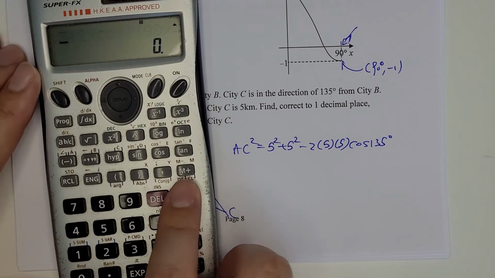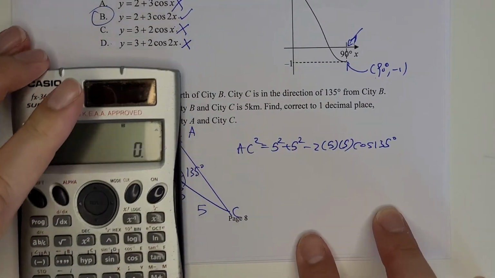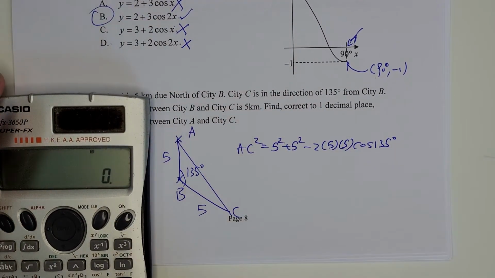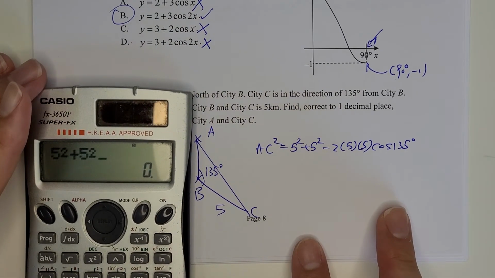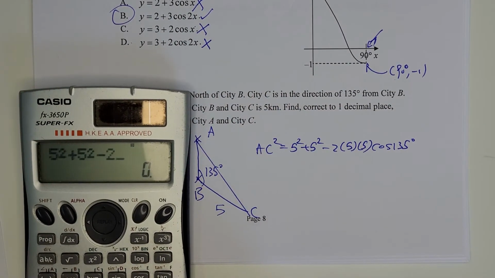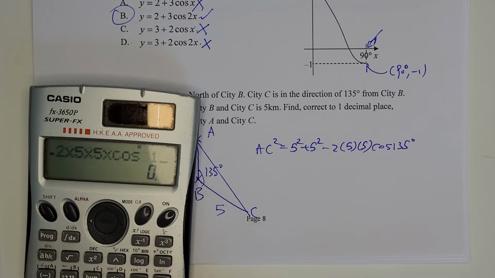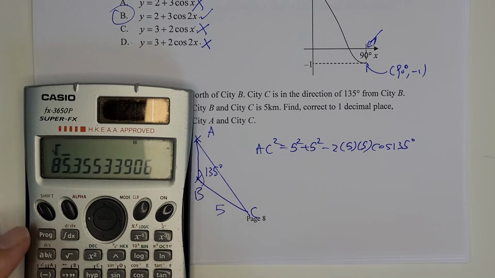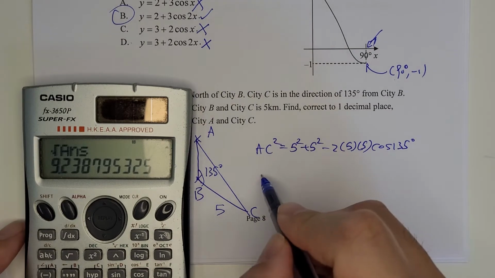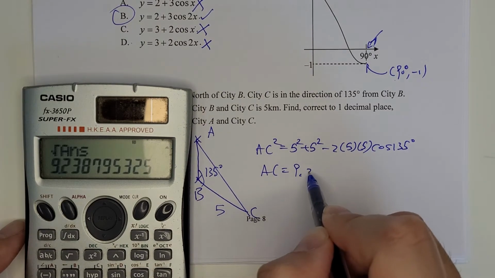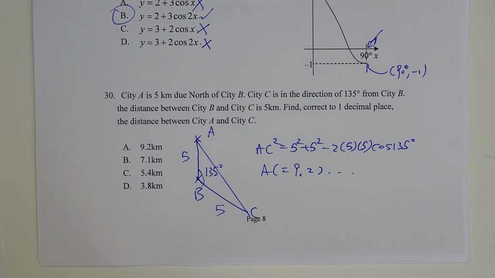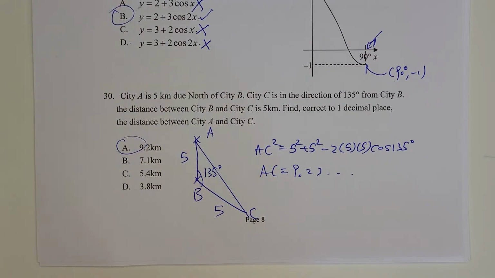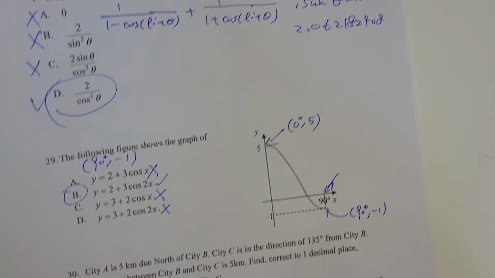So plug in 5 squared plus 5 squared minus 2 times 5 times 5 times cosine 135 degree, and then take square root. So AC, that is 9.23 something. Therefore the answer to 30 would be A. And go to question number 31.